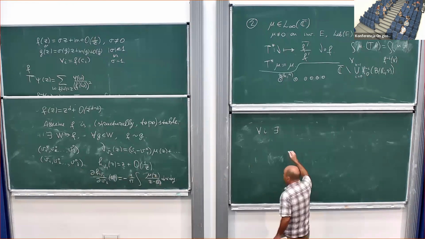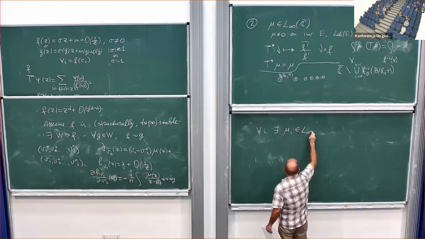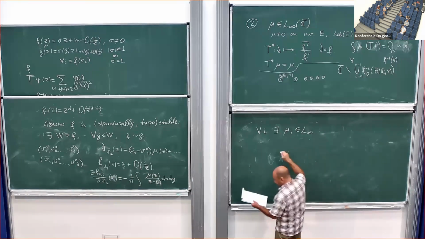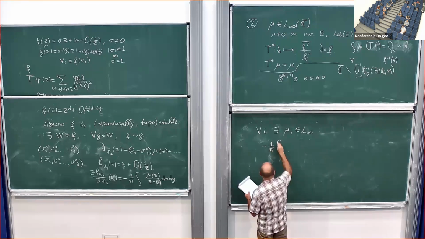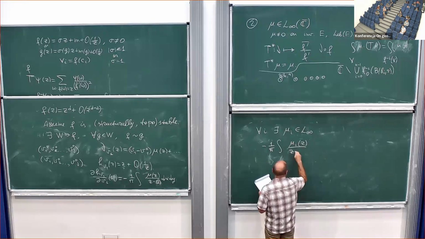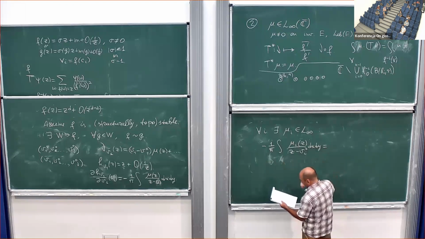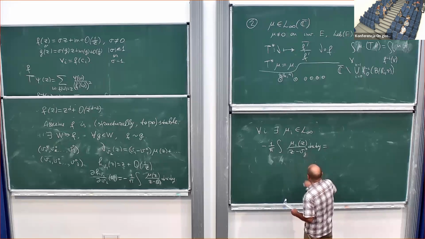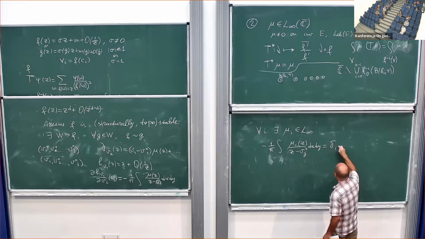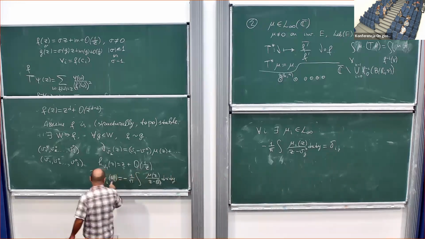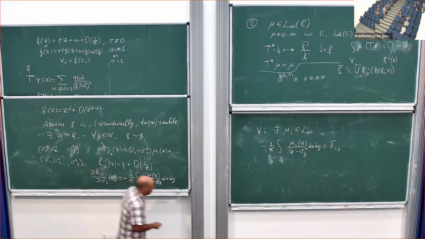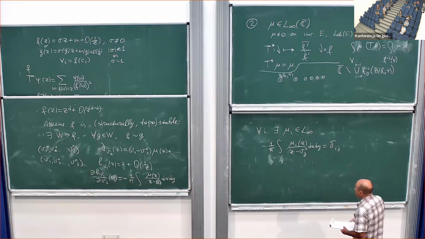There is some function such that, this way, as I told, it is 1 if omega is v1 and 0 at v2 and so on. And then we get this.